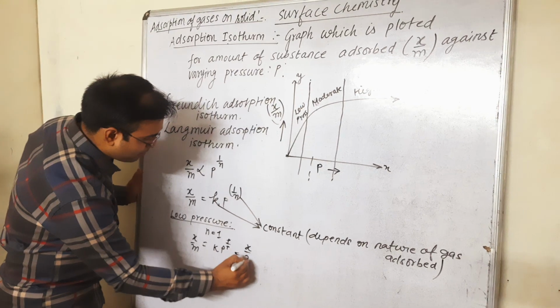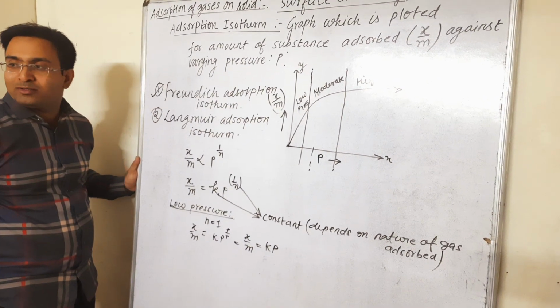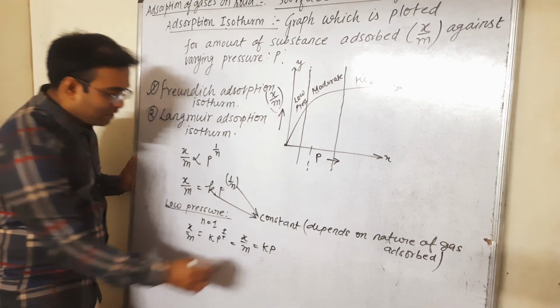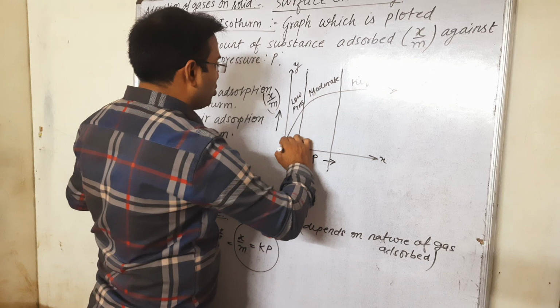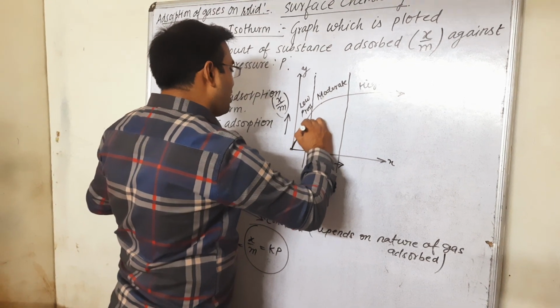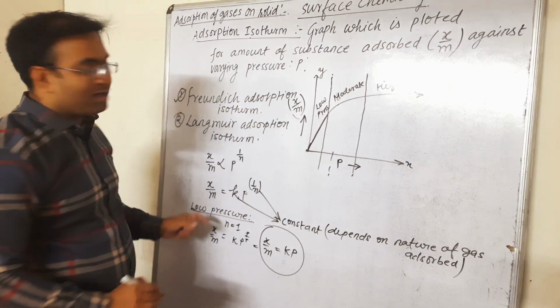So x by m equals kp. This equation leads to a straight line passing through the origin, so the graph is justified in the lower region.